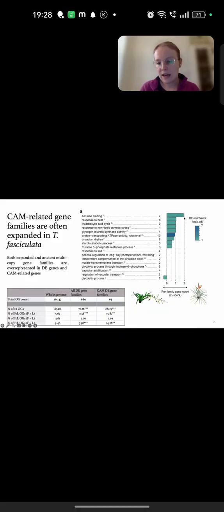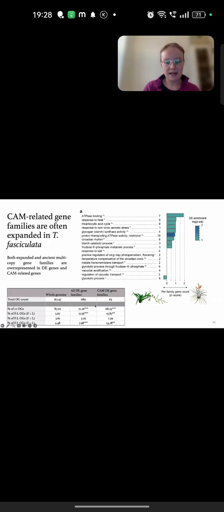And you can see that there's quite a few of these functions where there is a shift towards gene family expansion in fasciculata. And on top of that, we also described our genes in terms of what kind of orthogroup they belong to, whether they are in one-to-one orthogroups or in expanded orthogroups in the CAM plant, etc.